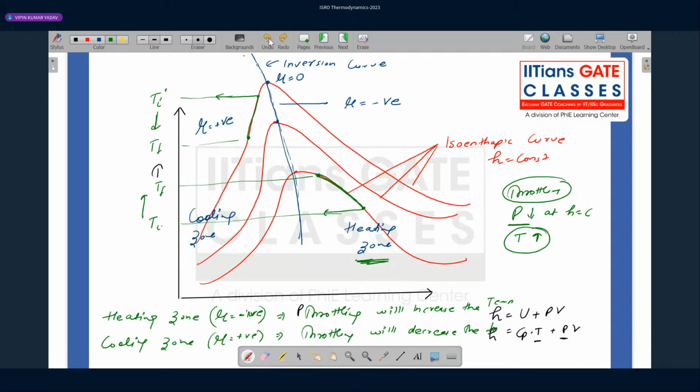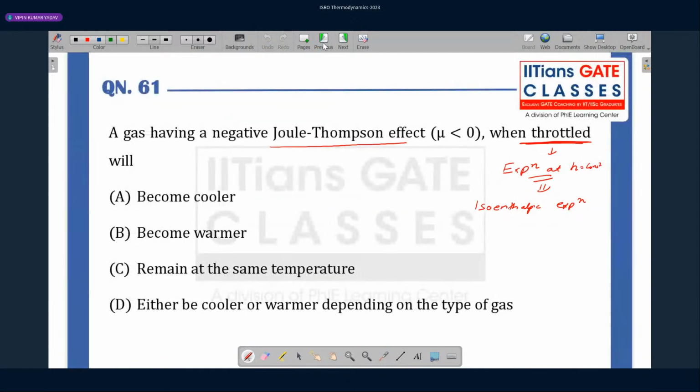It is saying when mu is less than 0, that means mu is negative. So if you throttle, your temperature is going to increase. That means your gas will become cooler, warmer, or stay at the same temperature.